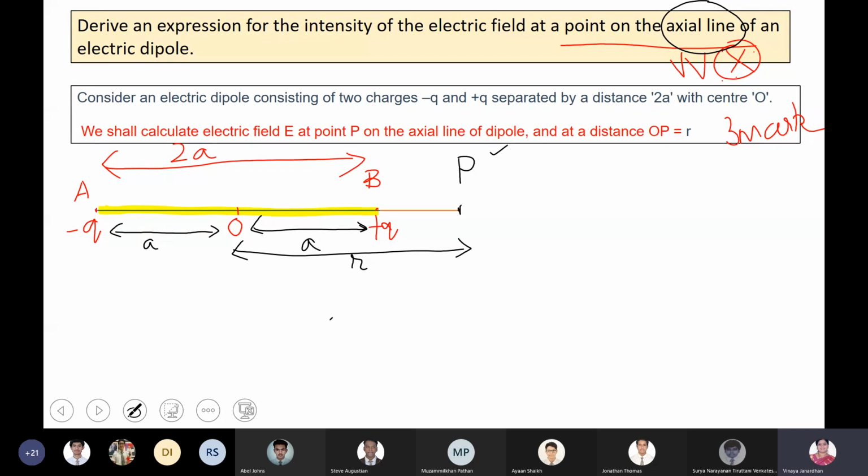So you want to calculate the electric field E at a point P on the axial line of the dipole. Here I have written: consider an electric dipole consisting of two charges, minus q and plus q, separated by a distance of 2a. Or shall I skip that and later you will write, boys, or do you want to write? Because if you don't write these things, they will reduce your marks in your board exam.